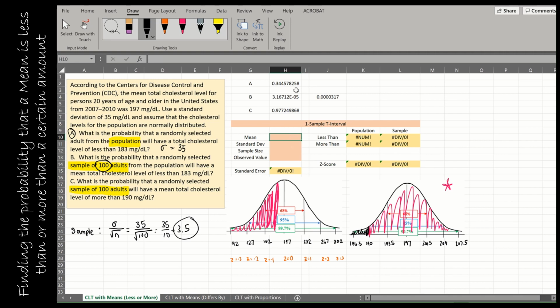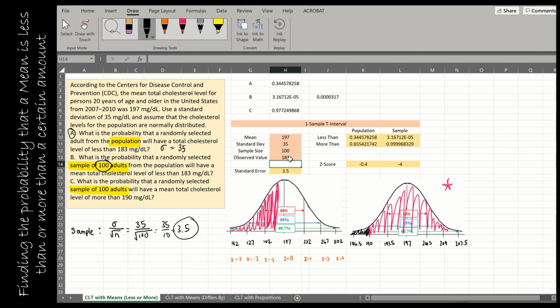But it's important to understand what we did up here, because if you understand what we did up here, this is not confusing. All I'm doing is I'm putting an input for mean, which is 197, standard deviation, which is 35, sample size, which is 100, observed value for, say, B is 183.